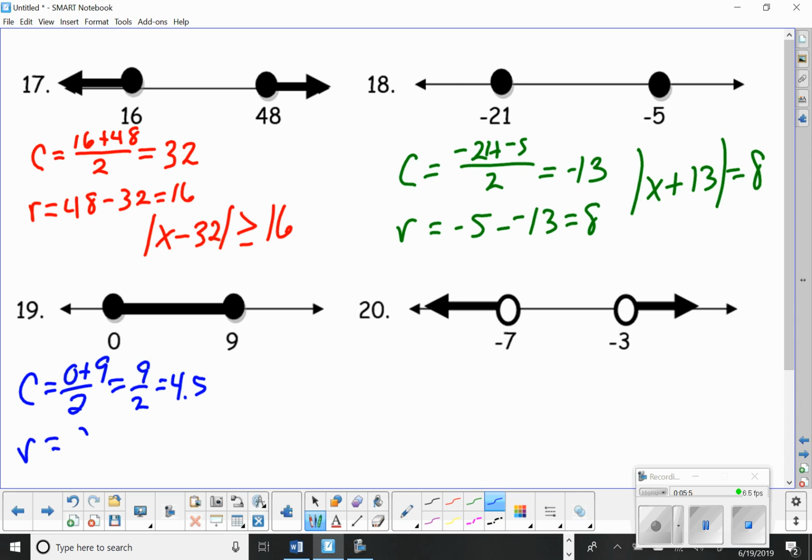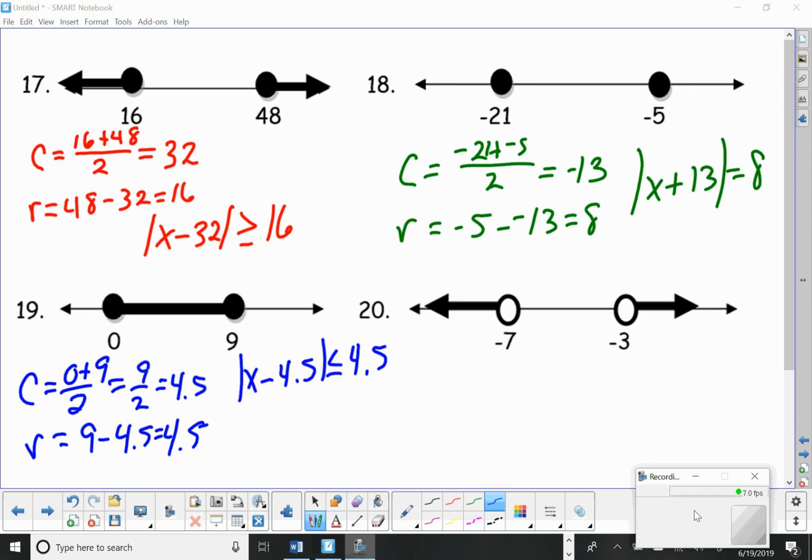The distance is 9 minus 4.5, which is 4.5. And when you take a look at this, it's less than or equal to, so absolute value of x minus 4.5 less than or equal to 4.5. Excellent job. All right, let's keep it going.